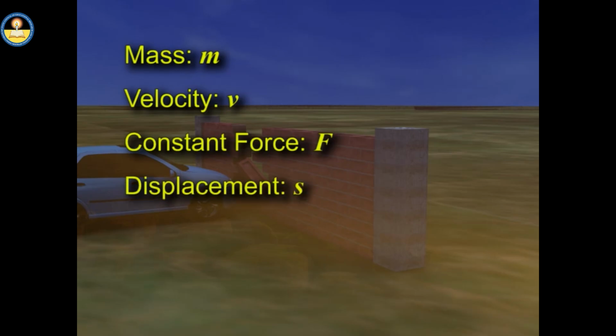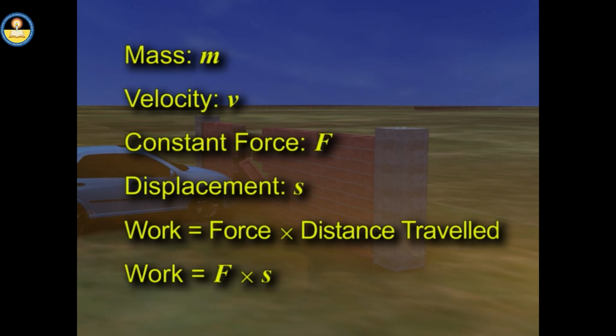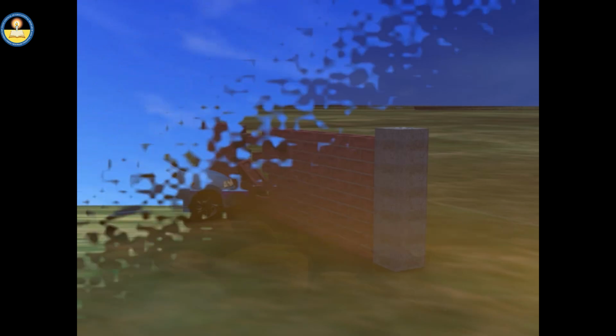As a result of the opposing force, the body gets uniform retardation and comes to rest after covering a displacement S. Therefore, the work done by the body against the opposing force can be measured as the product of the force and the displacement.